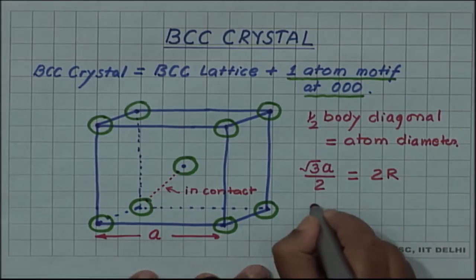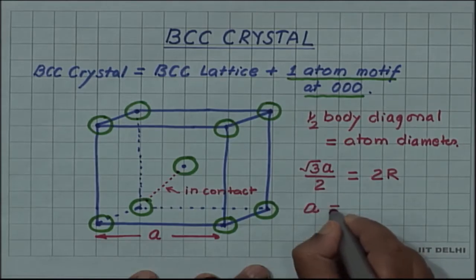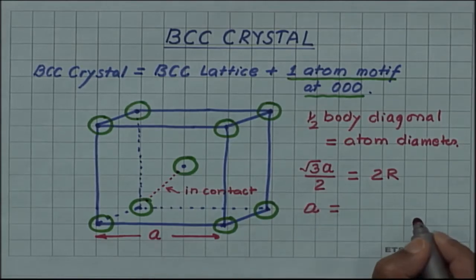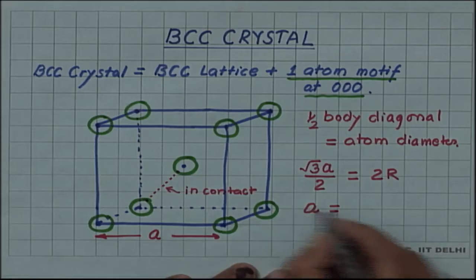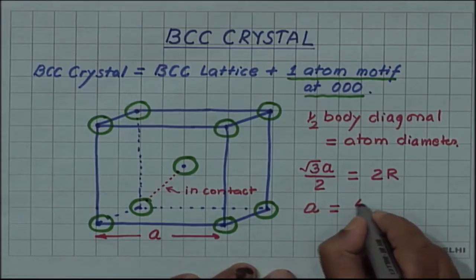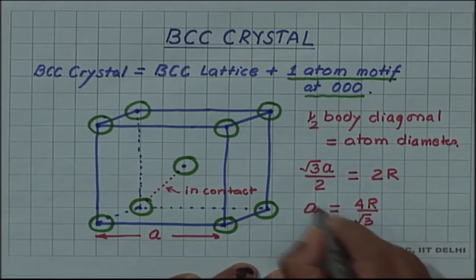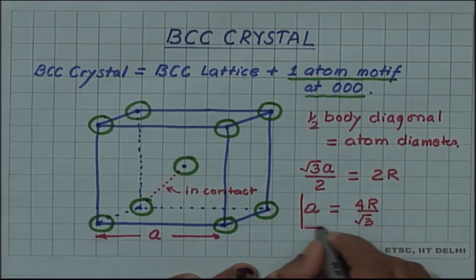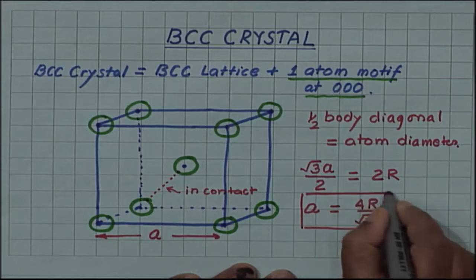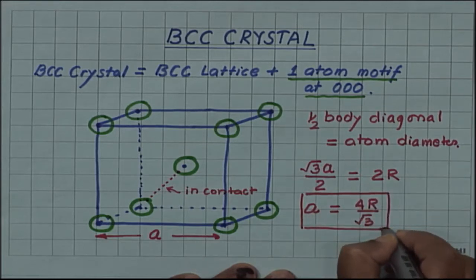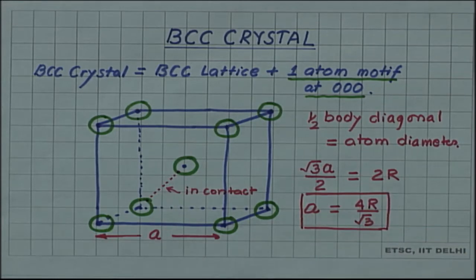So, we have a relation, we can write the lattice parameter in terms of radius or vice versa. So, we can write the lattice parameter as 4r by root 3. We will need this relation when we calculate the size of voids in the crystal.